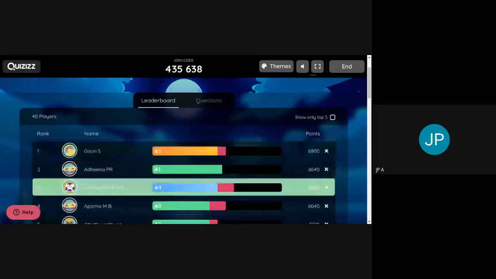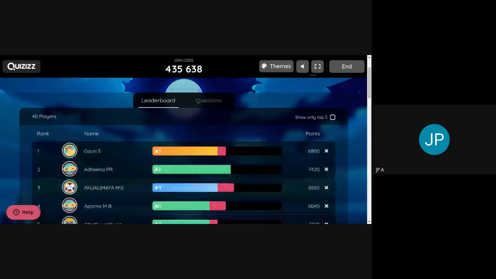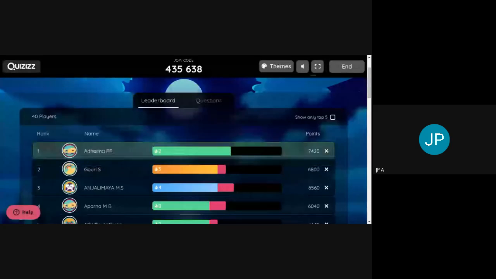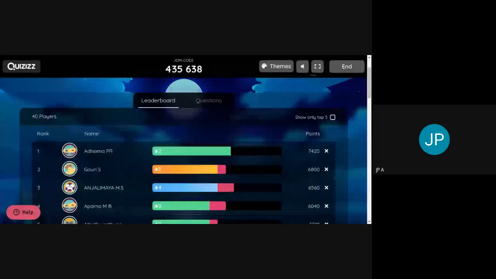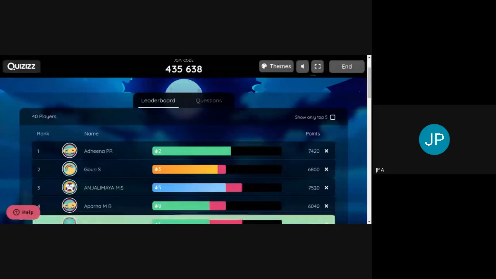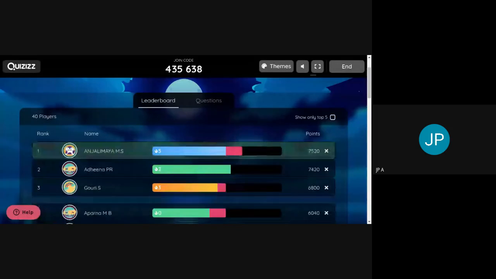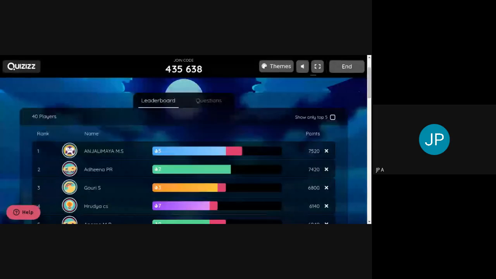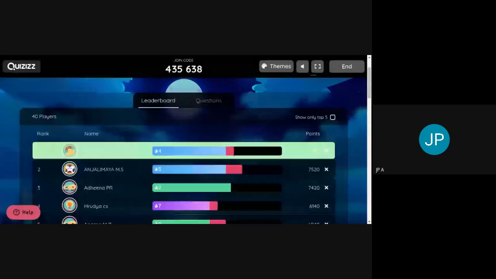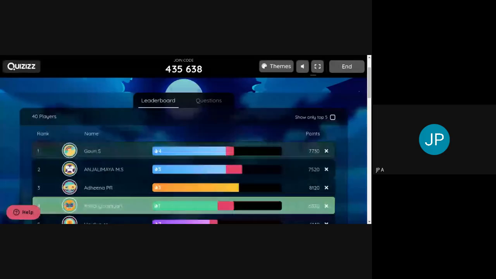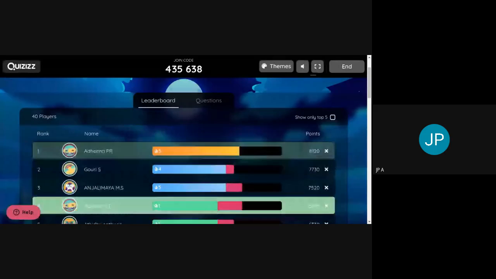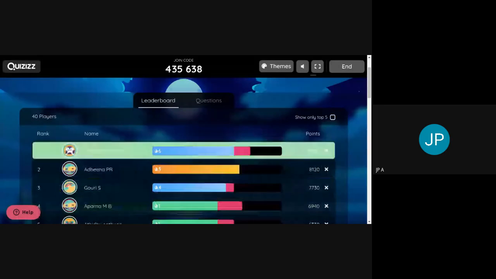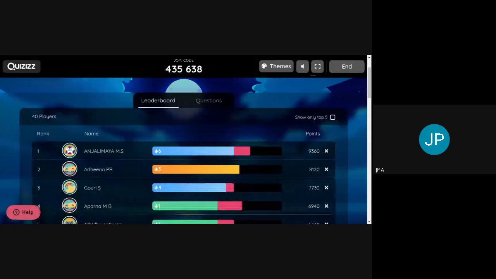We now have 40 participants. If you look at the dashboard, you can see that Adina is leading with 7,420 points. Gauri is closely behind. Then we have Anjali Maya. Yes, Anjali is now leading. It keeps changing according to the answers that you give. Now Gauri is leading. Now Adina is leading. Anjali Maya is leading. It is very interesting.